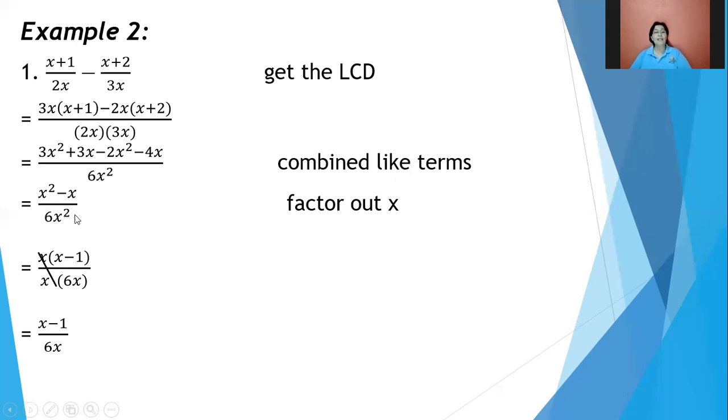Then in the denominator, factor out x again. We have 6x squared divided by x is equal to 6x. Obviously, x divided by x is equal to 1. 1 times x minus 1 is equal to x minus 1. 1 times 6x is equal to 6x. Okay? Is that clear, class?